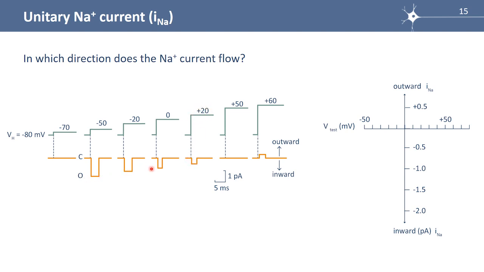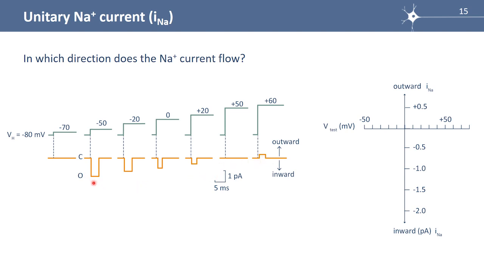What is an inward current? I remind you that it's the inward movement of positive charges. So here, the sodium enters the neuron. Then, at plus 50 millivolts, there is no current, and at plus 60, the current is now outward, which means that the sodium ions exit the neuron. Why?